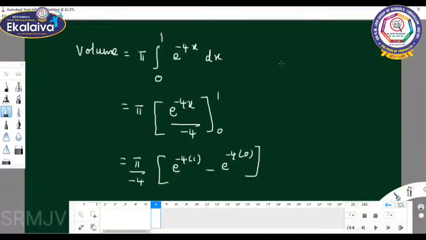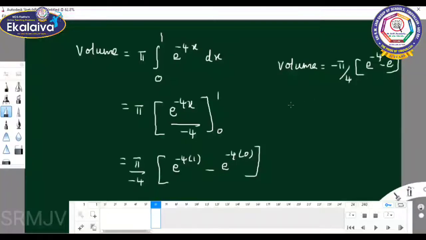So volume equal to minus pi by 4 into e power minus 4 minus e power 0.